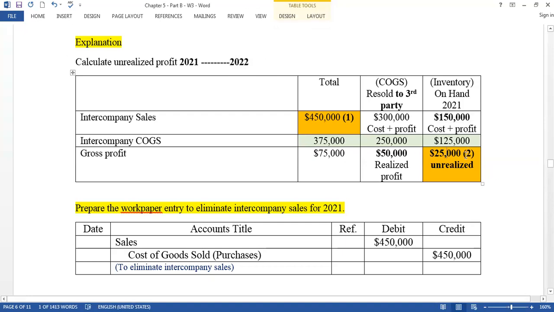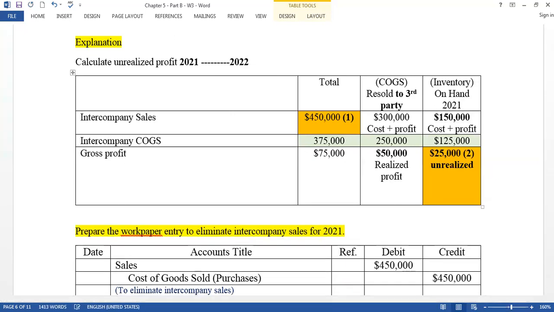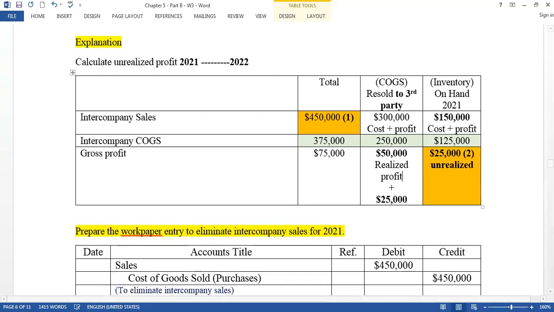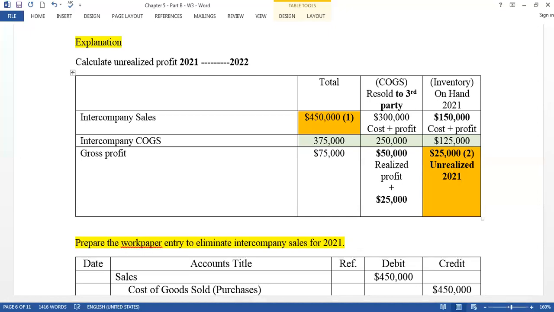So this $25,000, if you sell it, it becomes realized. Try to understand. This is the next year. At this moment, this is 2021. It is unrealized, but when 2022 came, you sell it, right?